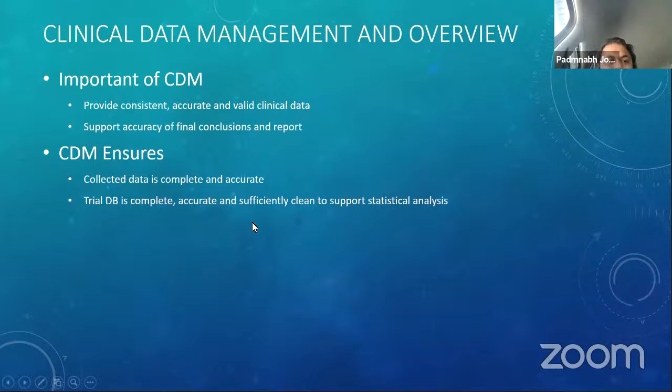The CDM also ensures that the collected data is complete and accurate. Many times, for example, if we have recruited a subject who is 70 years old for an oncology trial, and we are expected to capture the medical history of this subject, the medical history can go back, let's say, 20 years, 10 years, or 5 years, as it relates to the investigational drug, and we have to start capturing that data.